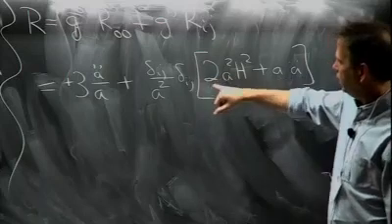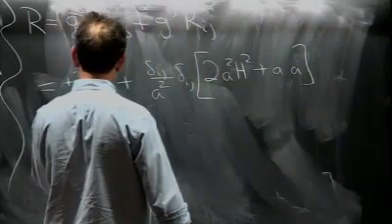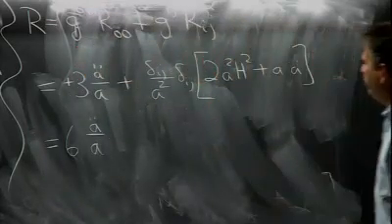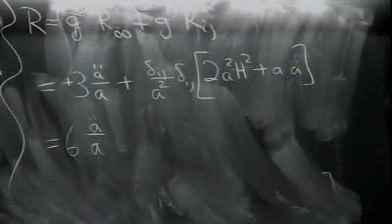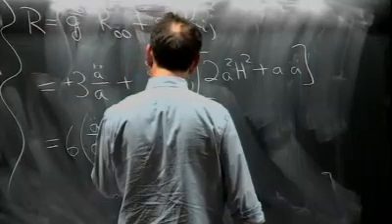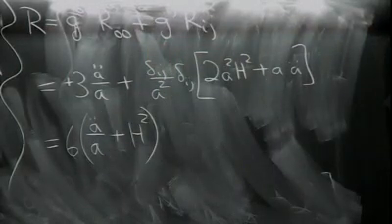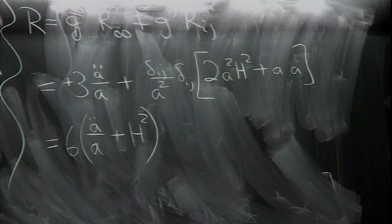So the a double dot terms give a 6, don't they? 6a double dot over a. And then these two terms contract to give another 6, and it's just h squared. Let's check that. That's right, too. Okay, we're almost home.